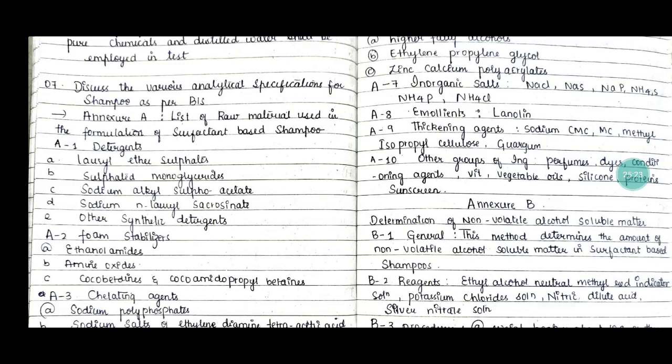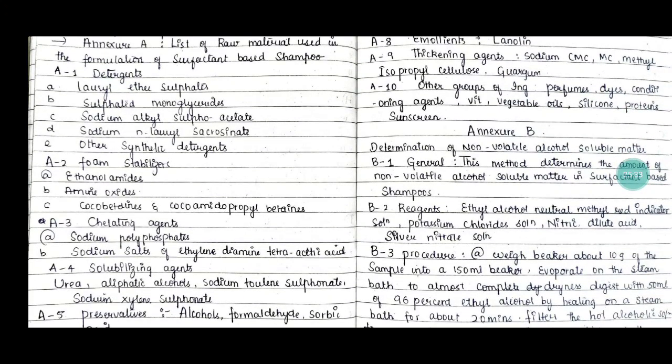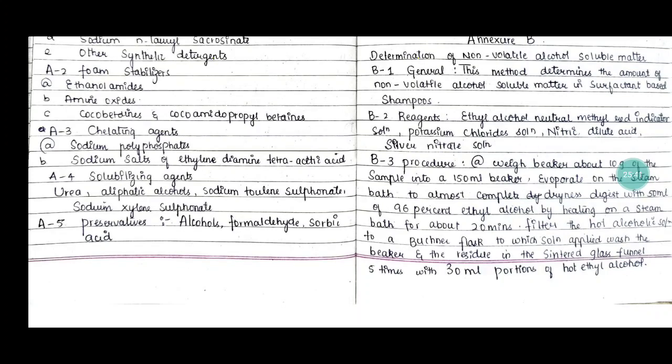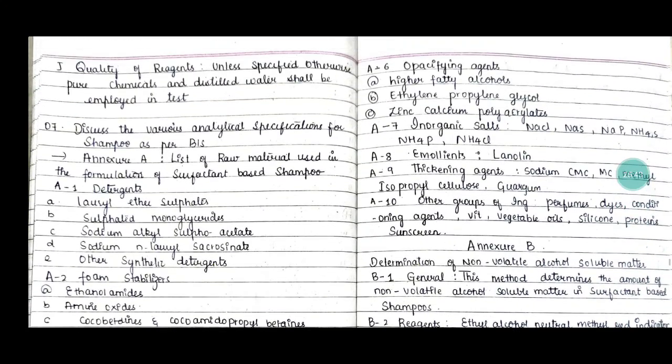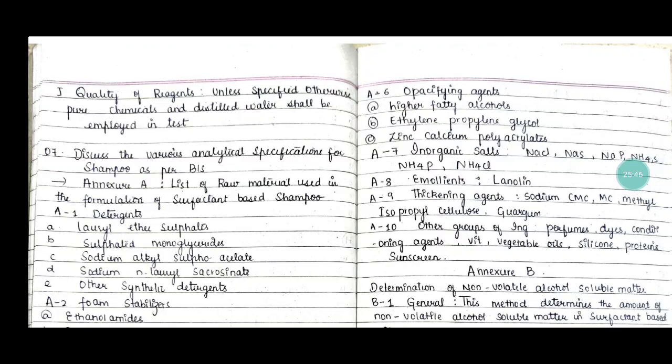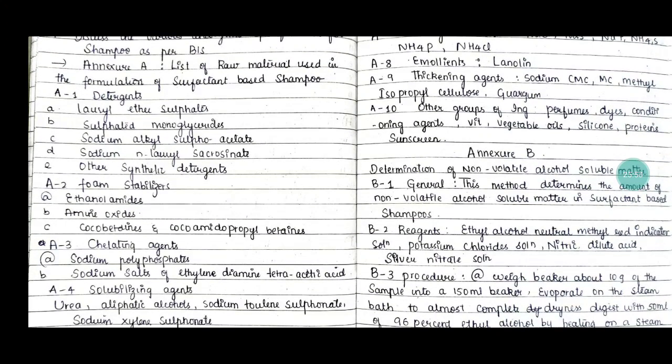Number A, the list of raw materials used in the formulation of surfactant based shampoo: A1 detergent, A2 foam stabilizer, A3 chelating agents, A4 solubilizing agents, A5 preservatives, A6 opacifying agents, A7 inorganic salts, A8 emollients, A9 thickening agent, A10 other groups of ingredients like perfume, etc.